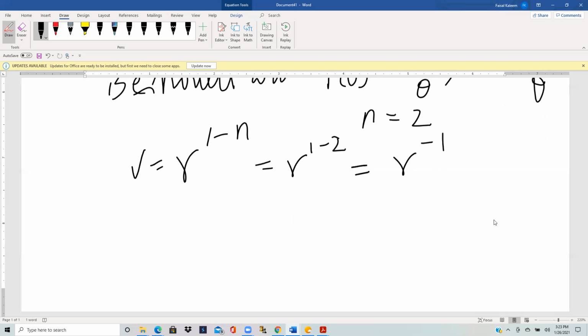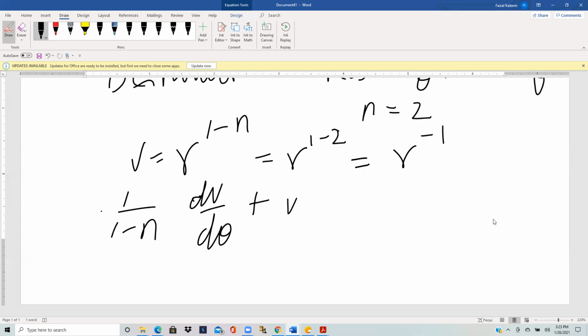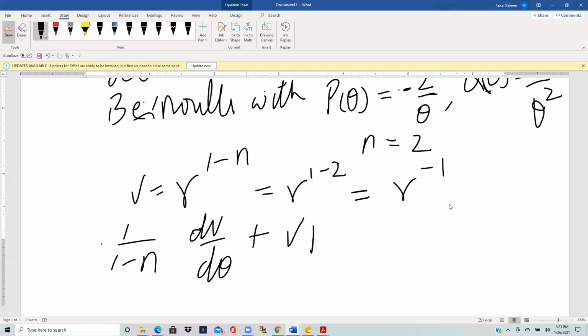So after this substitution, we know that the equation becomes 1 over 1 minus n, dv over dx, which in this case will be dv over d theta, plus v times p theta is equal to q theta.